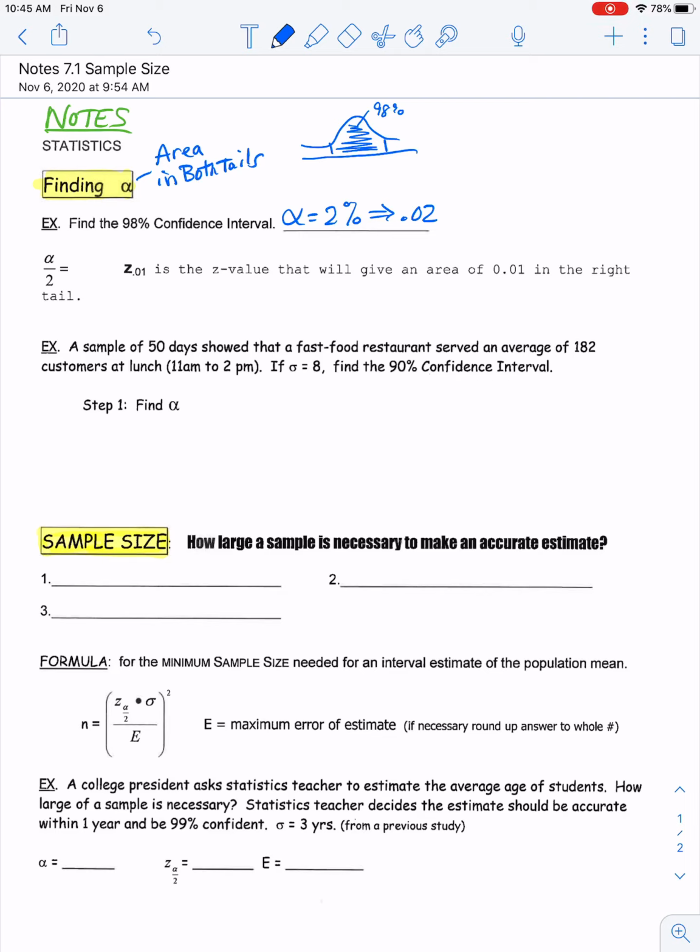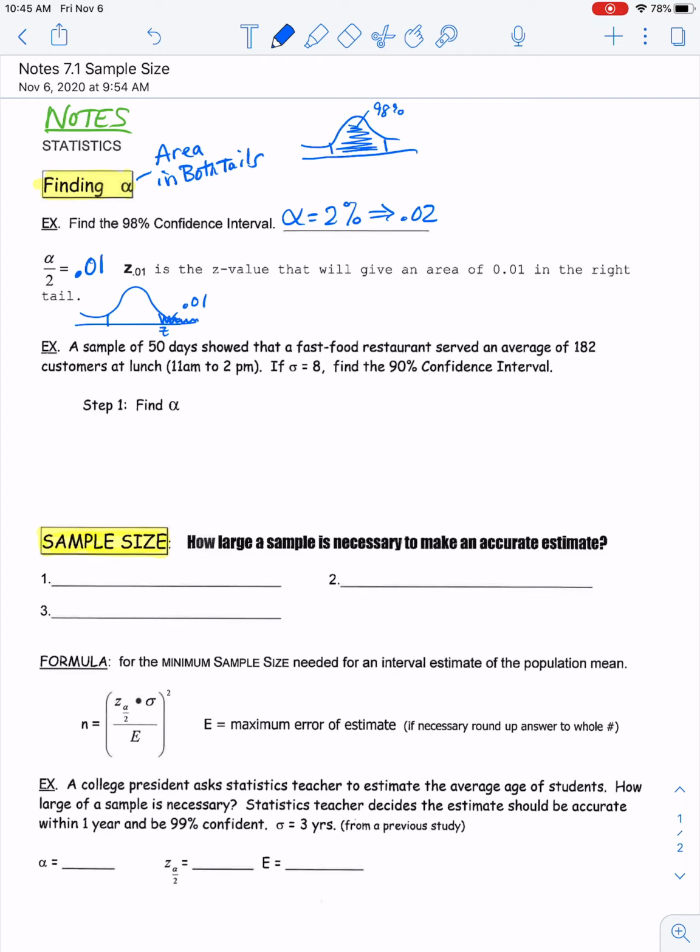So then when the notation says alpha over 2, what are we talking about? Well, alpha over 2 is 0.01. So as I keep typing up here, z of 0.01 is the z value that will give an area of 0.01 in the right tail. If I'm out here and I'm thinking, here's my tail, 0.01 in the tail.